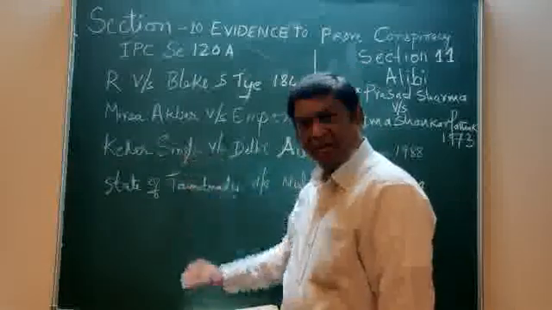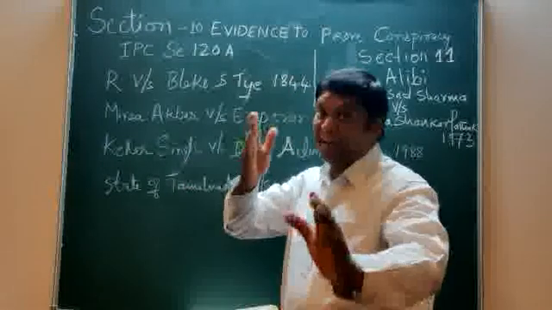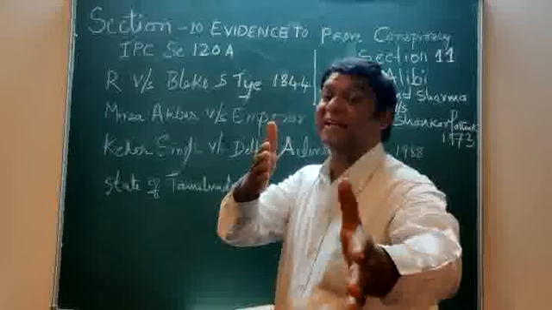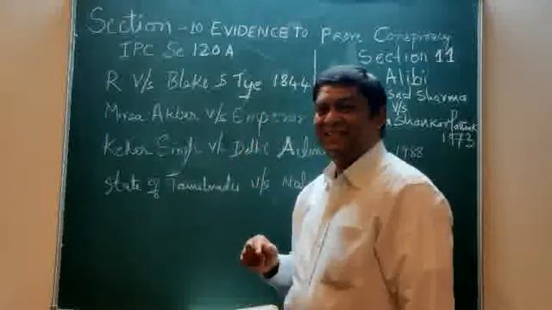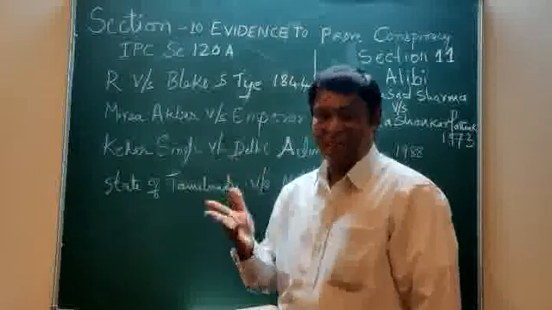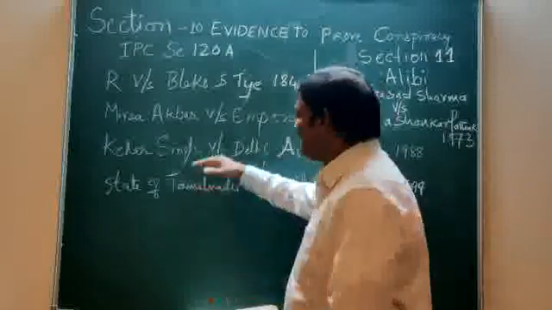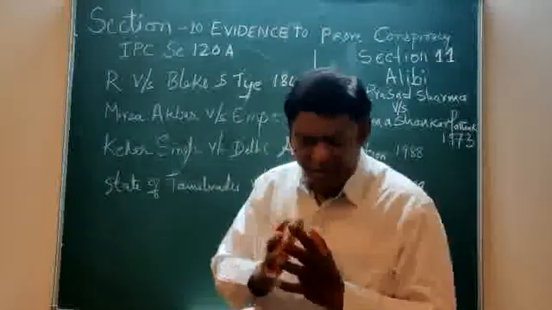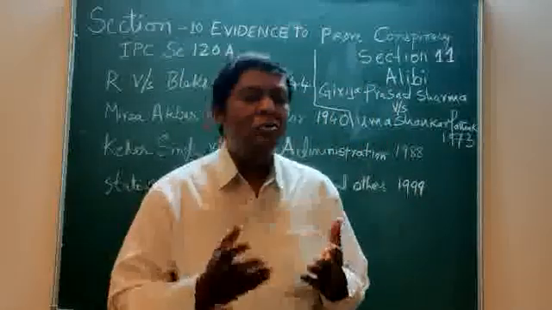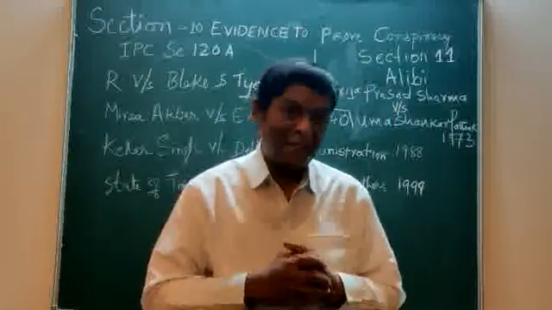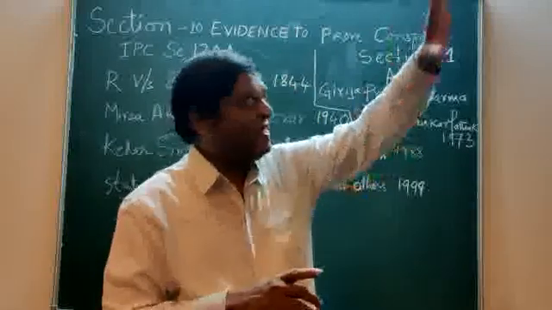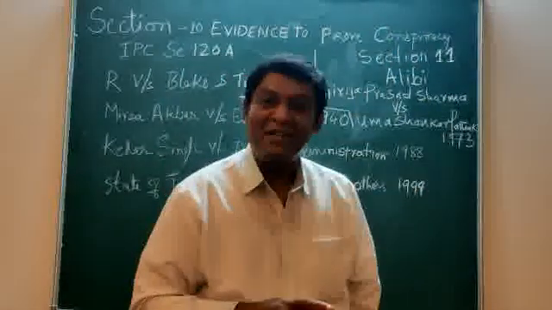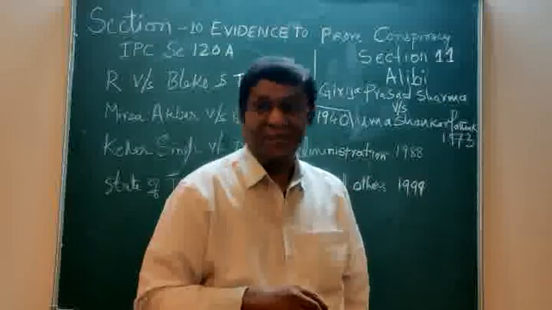This Kehar Singh was a religious fanatic. He never liked the destruction of the Golden Temple. So Kehar Singh started making a plan to kill Indira Gandhi. He started studying the security of Indira Gandhi.